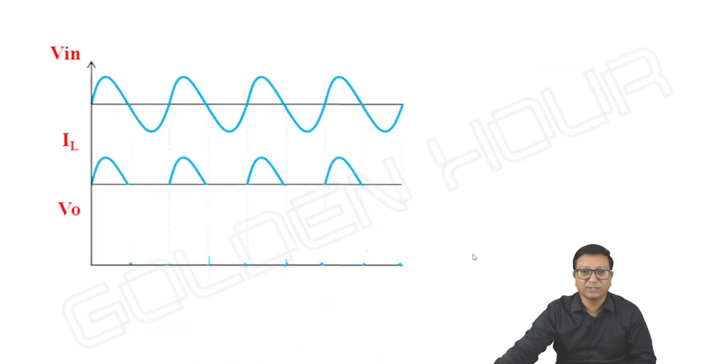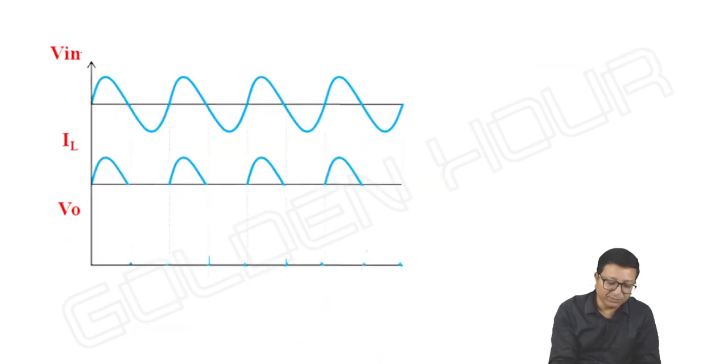So this is what I have shown. Here V input or V secondary is Vm sin theta.